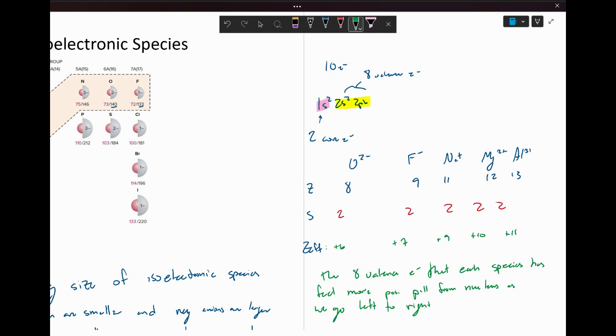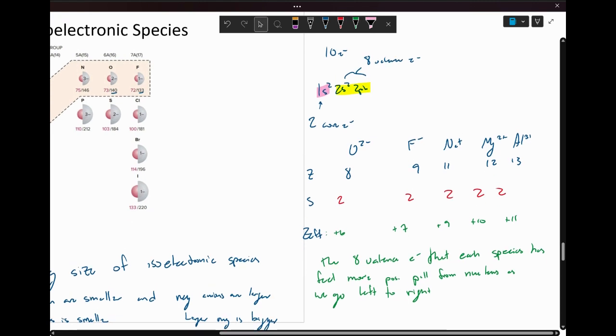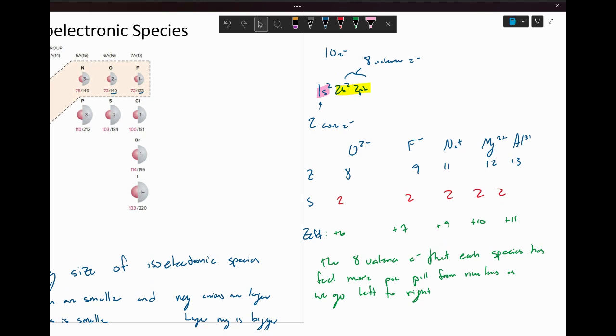So as you go towards these cations, the electrons feel more of that pull. And what that means is that they're going to start to contract more and more, just like we talked about with our atomic radius.